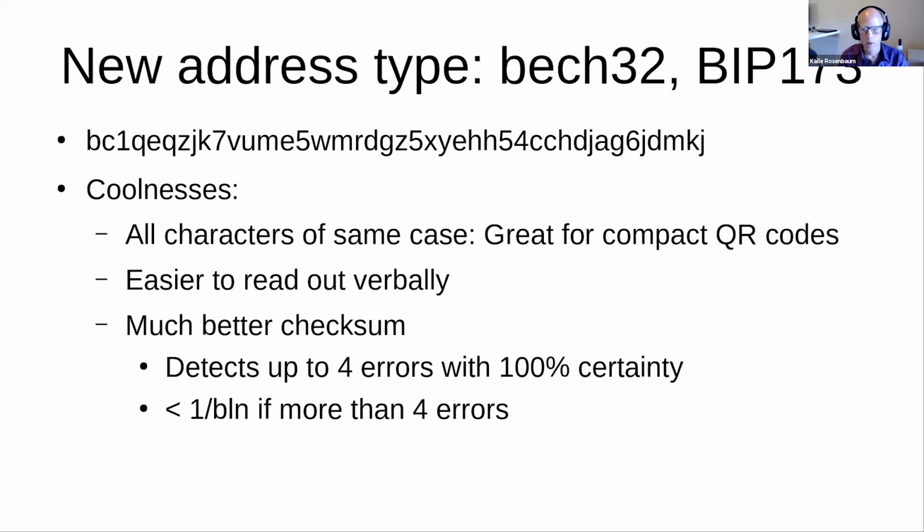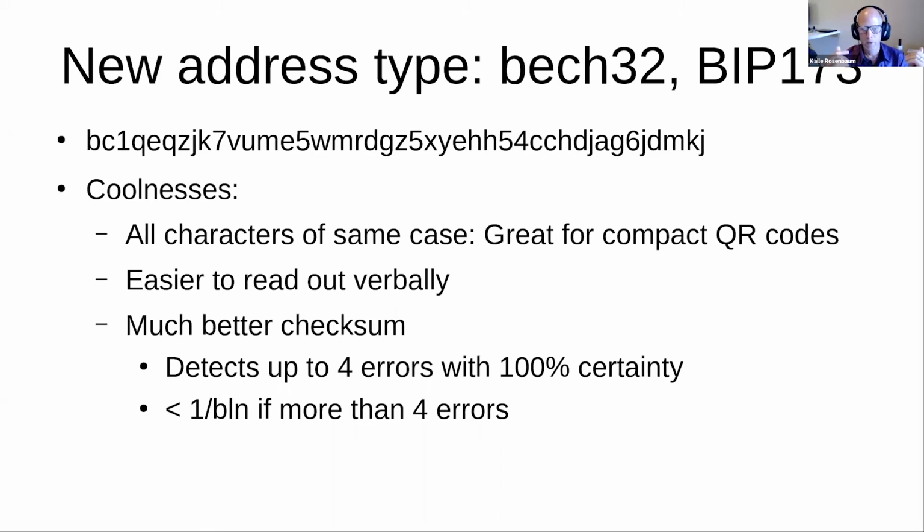So if you have a typing error in your address, there's a 1 in 4 billion chance that the software will not detect that typing error. But with this checksum, it will detect up to 4 errors with 100% certainty.